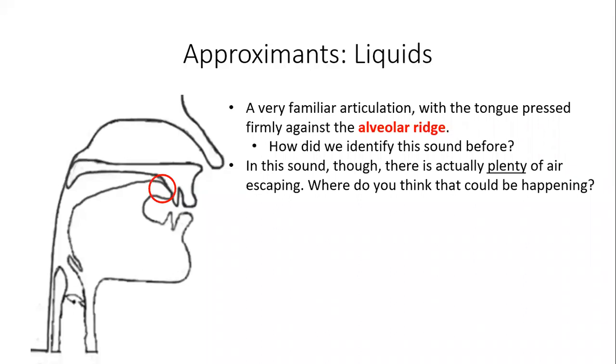Now, it's not that sound, the sound that is the alveolar stop. So this is the articulation of D or T, but this is not a D or T. It's actually a cross section of a sound that looks like it, but there's air escaping. And so now, while watching this video, can you tell me if this is the cross section, where could air escape?